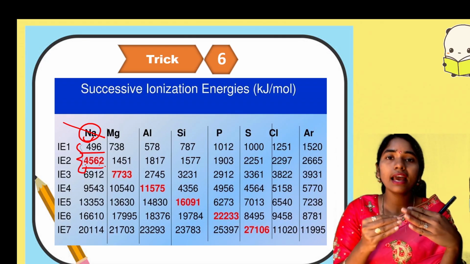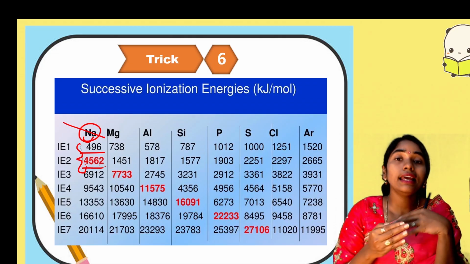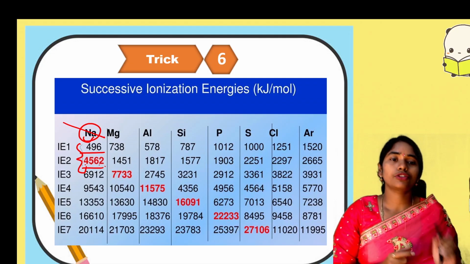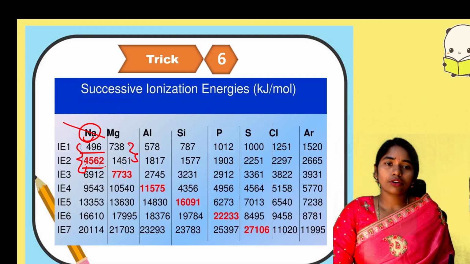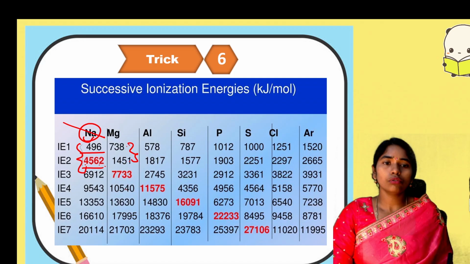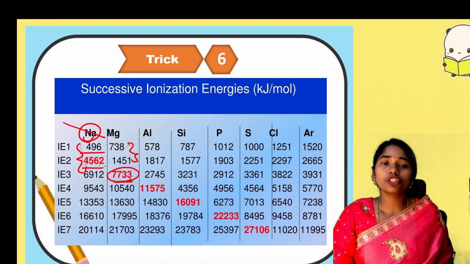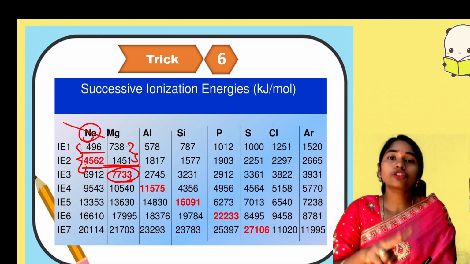When the gap between successive energies is large, in that case you have to consider that only 1 electron is present. Suppose there are 2 energies which are close, but the third electron removal is difficult, which means it has only 2 electrons in the valence shell.